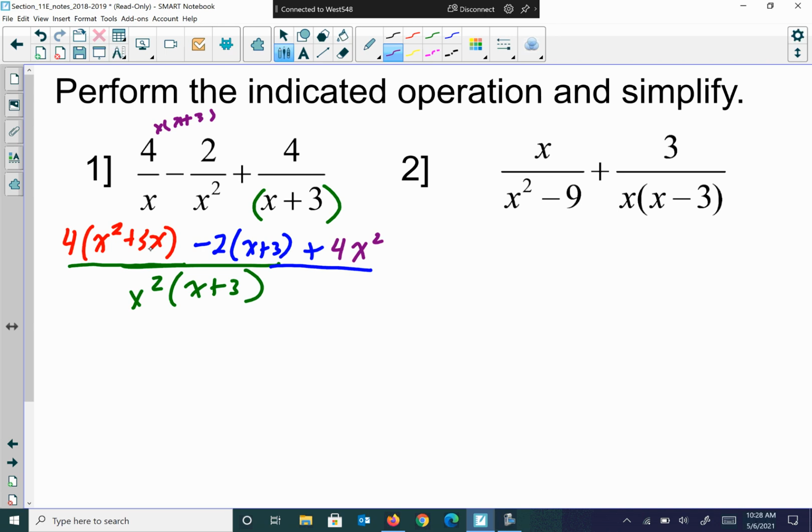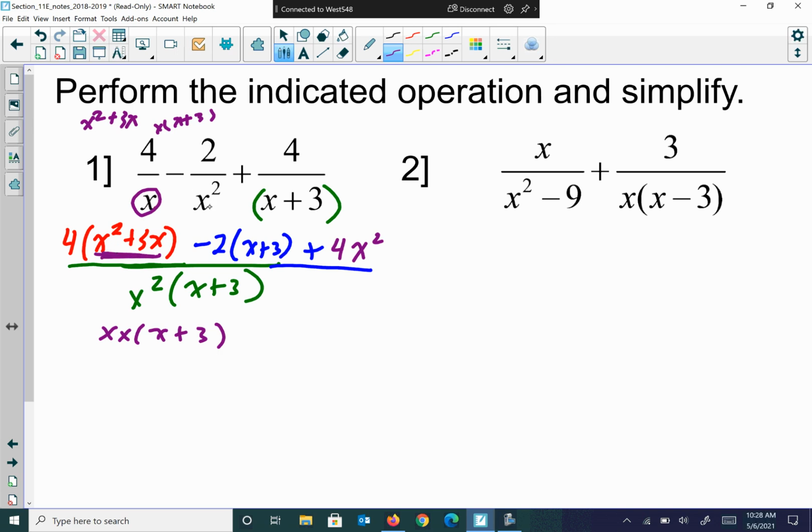So my common denominator is x squared times x plus 3. That's because that's the same thing as x squared, right? Because I already have this x down here, that means I need one more x and an x plus 3, but I went ahead and took the liberty of realizing that x times x plus 3 is x squared plus 3x. So that's where that came from.